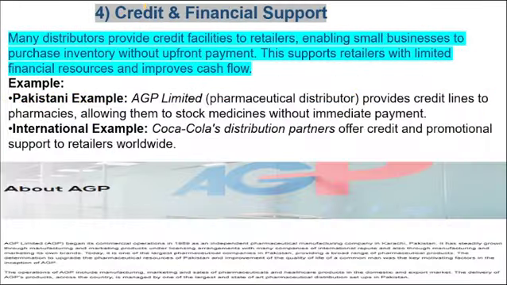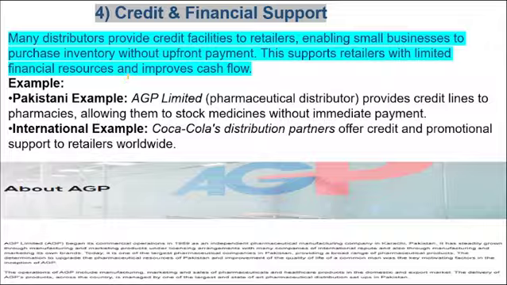Let's see function number 4, credit and financial support. Many distributors provide credit and finance facilities to retailers, enabling small businesses to purchase inventory without upfront payments. This supports retailers with limited financial resources and improves cash flow.